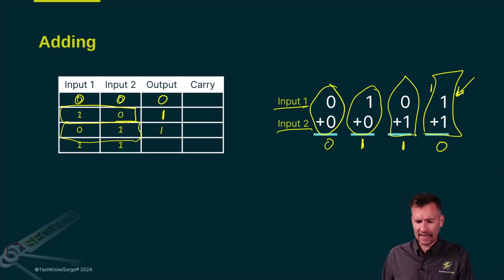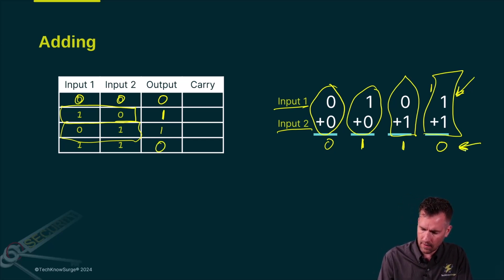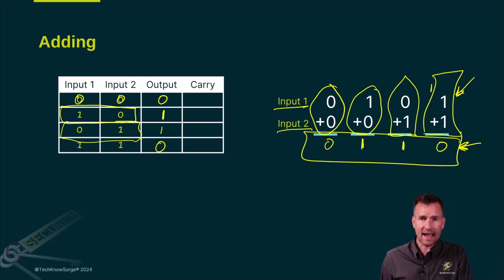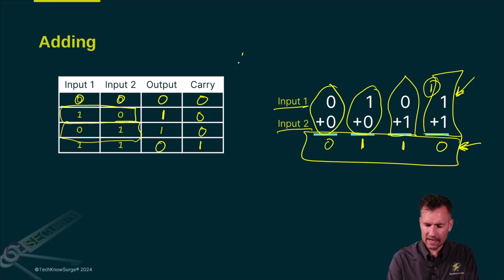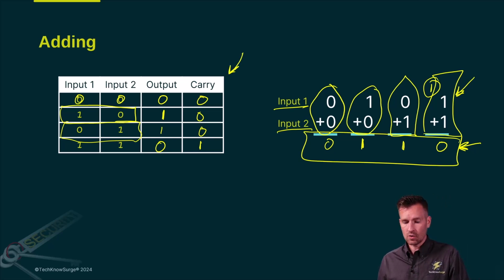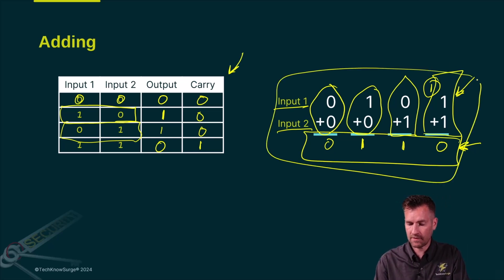So what that looks like is we're going to put a 0 as the output. This is the output right here. And what we're going to do is we're going to carry the 1 into the next column. So the 1 right here, in fact, we can fill in the rest of this chart. This was 0 the rest of the time. So now we've made a chart for the output of these 4 different scenarios.